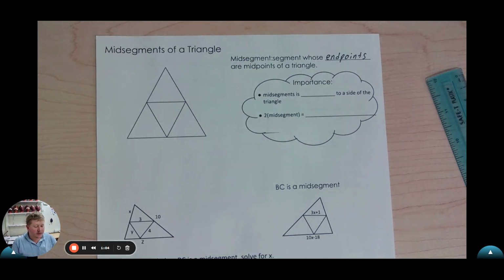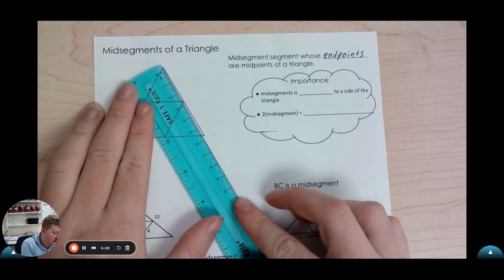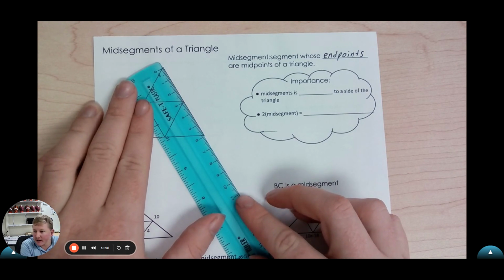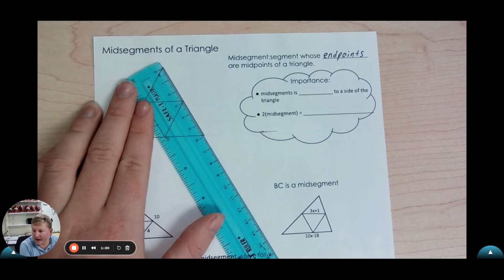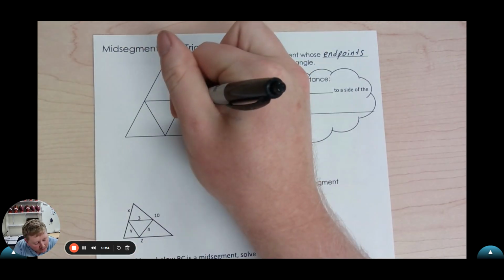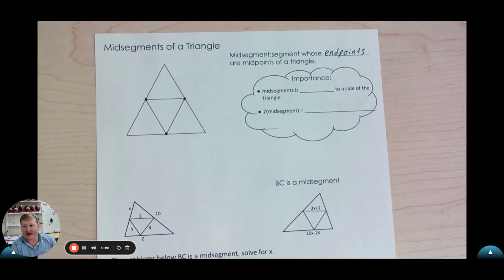Normally if I was in class doing this, you would have a barren triangle with no lines in the middle of it, and we would grab here, line it up, and you would see, oh, that's 6, that's 3, and we would put a dot there. Then we would have done that 3 separate times on each line and connected them.